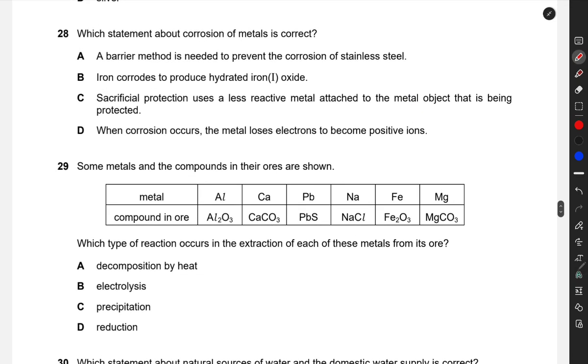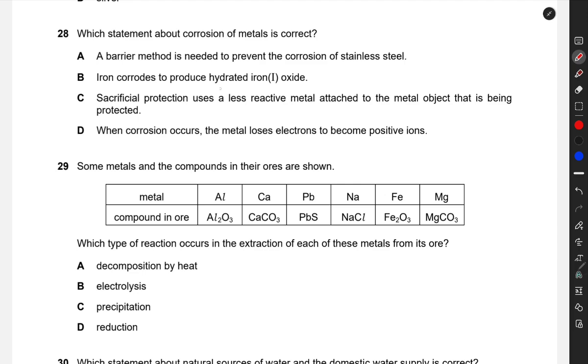Which statement about corrosion of metal is correct? A barrier method is needed to prevent the corrosion of stainless steel. No, stainless steel is an alloy, so making an alloy already reduces corrosion.